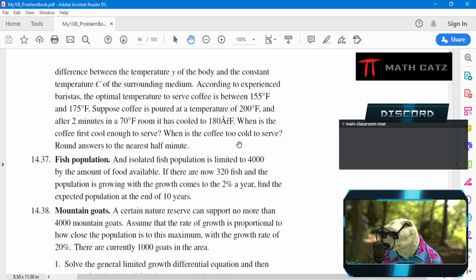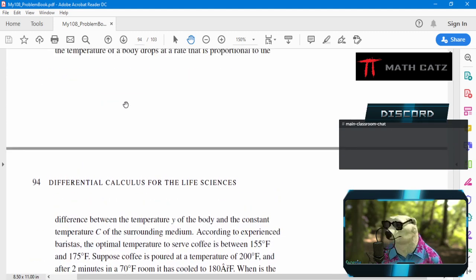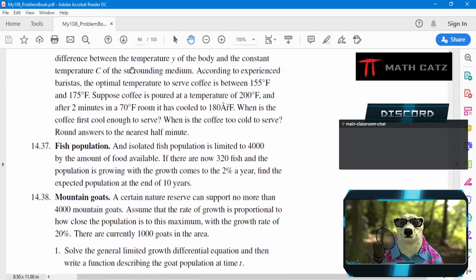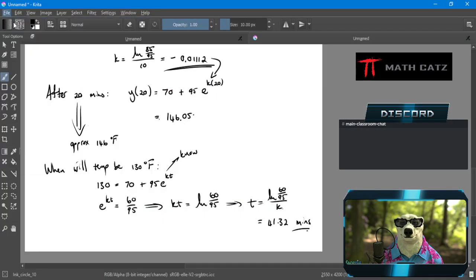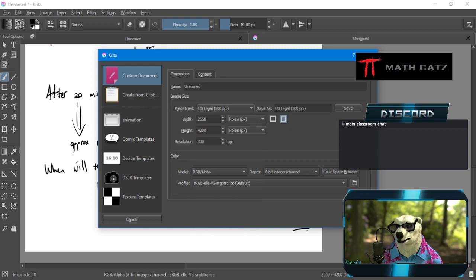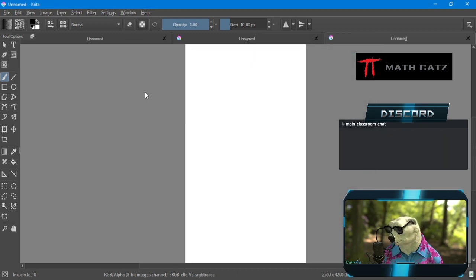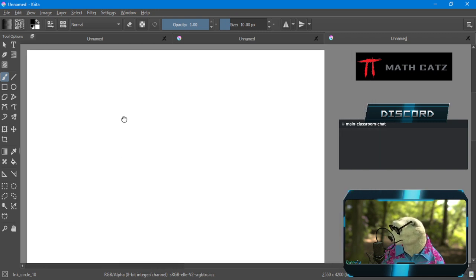So let's have a look at this one, which is number 136. I don't need to split this over 2 pages here. It's still just Newton's law of cooling. So it's very similar, but perhaps something that we can identify with as being quite practically relevant.